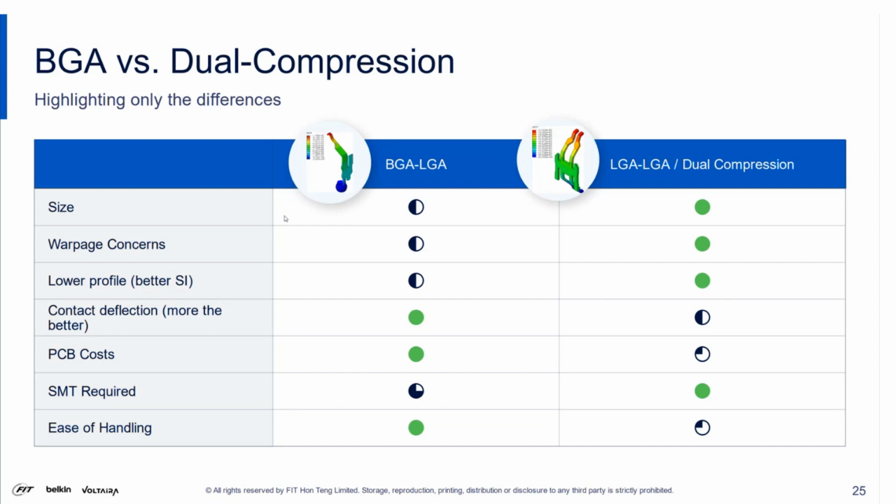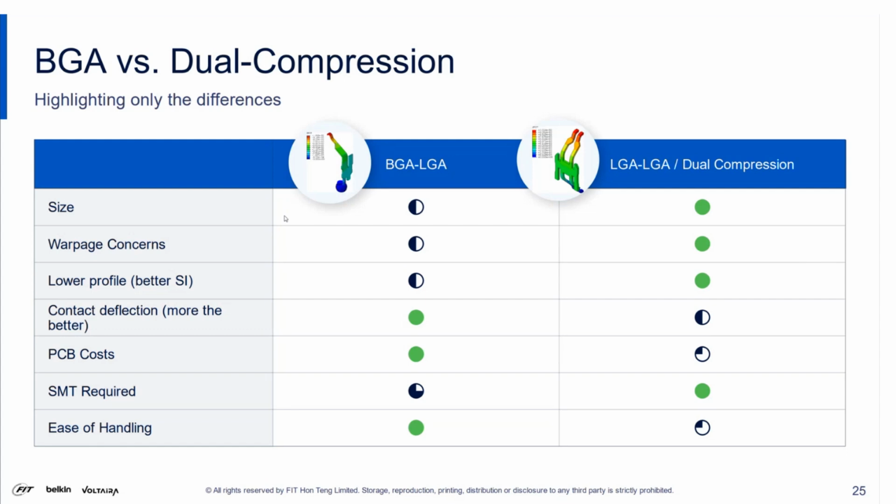Low profile: LGA to BGA sockets don't have as good SI because you've got solder balls, which are typically around 0.5 millimeters, so that eats into your signal loss budget. And sometimes the compression distance of the beam has to be longer based upon the customer requirements.